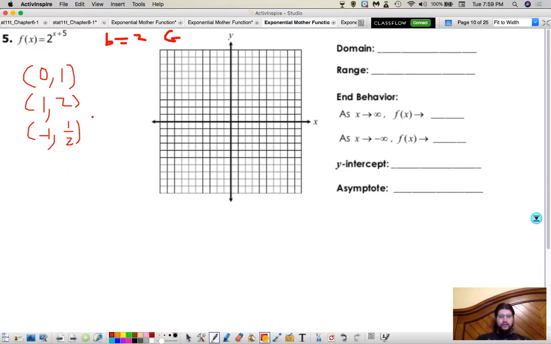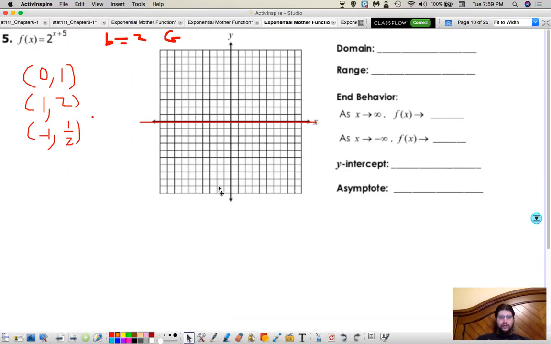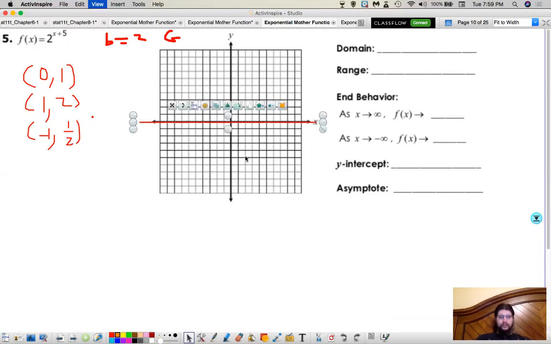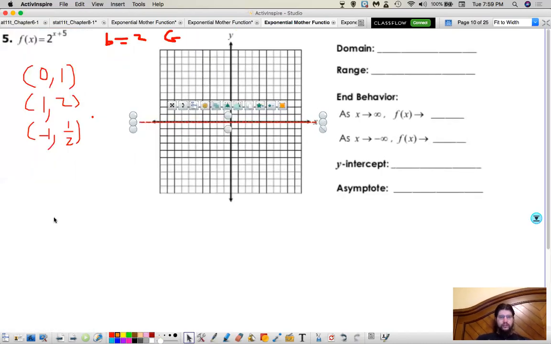So I'm going to start with my asymptote. Let me make it dotted. Okay, so I got 0, 1; 1, 2; -1, a half.